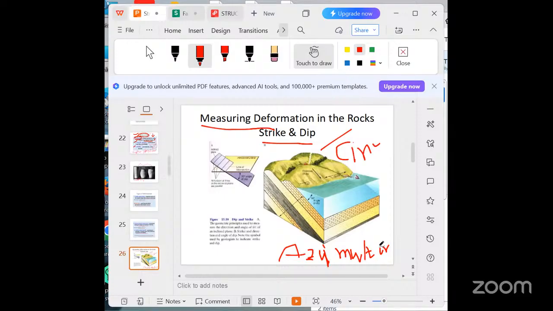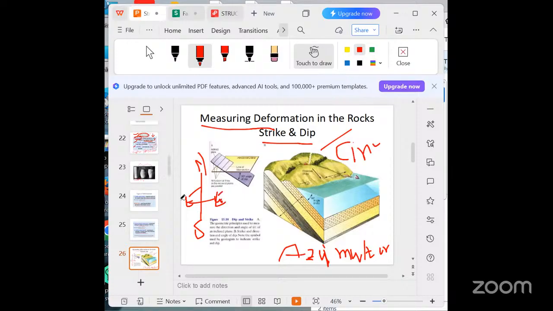Azimuth is measured in degrees clockwise from which one? North, right? North, south, east, west, right?